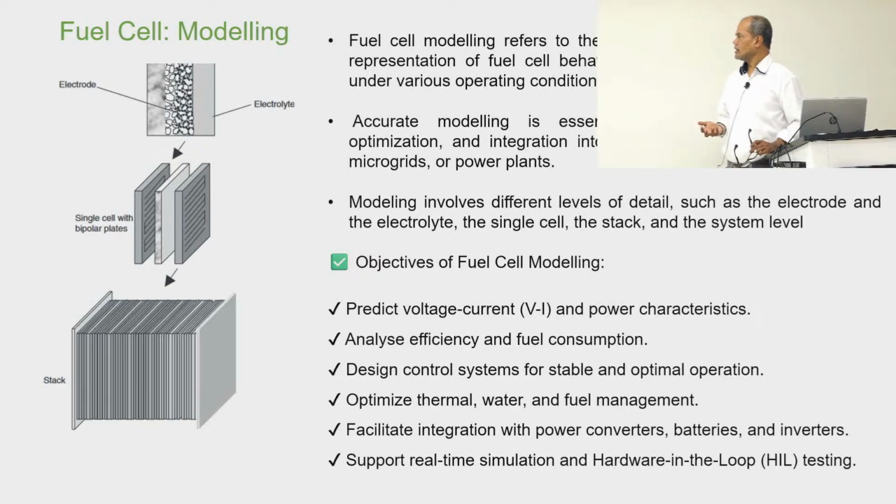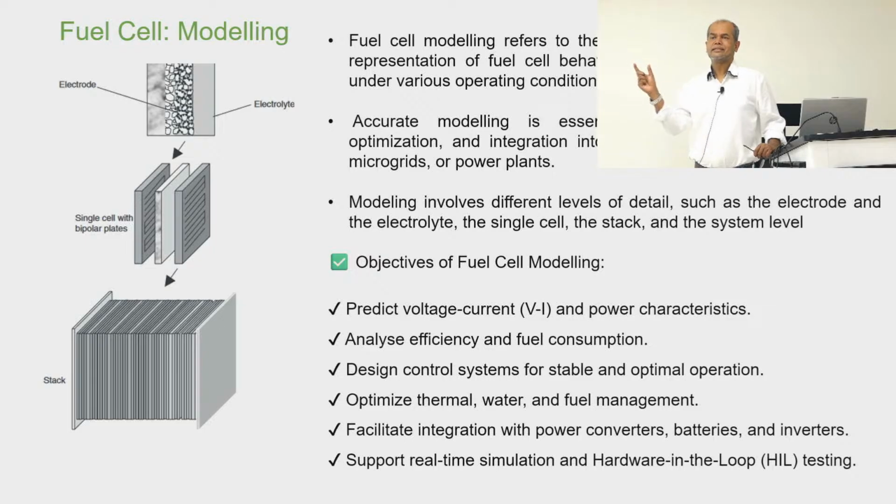And again, a model involves different levels of detail, like the electrode, electrolyte, either a single cell or stack, or even the system level. And why is it important to do the modeling? Because if you want to predict whatever voltage, current, power you are going to get from the system, you need to do the modeling. Also, if you want to analyze the efficiency, we did mention 40%, 60%, 50% efficiency, but that is the standard one.